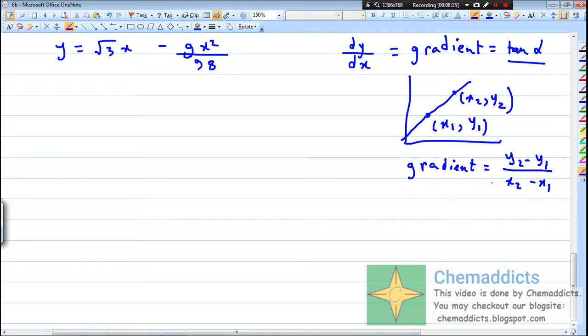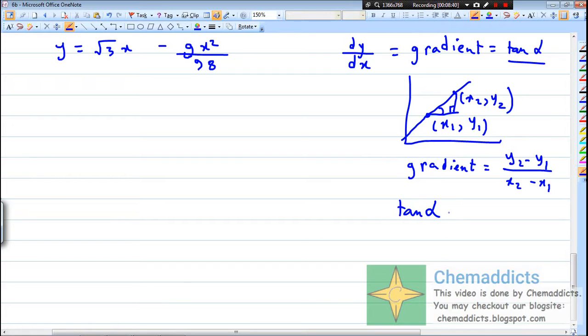So if we try to find the angle, this is opposite by adjacent. So we already know that tan alpha, we have already named it as tan alpha, so we can't name it as theta.